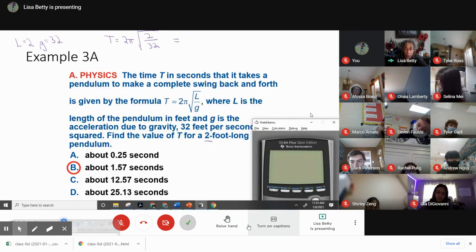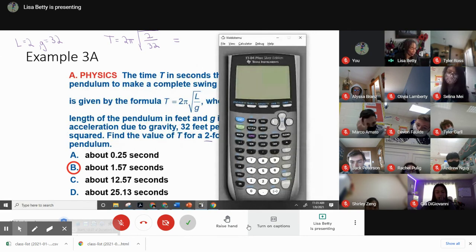I'll bang it out real quick. So we've got 2 times pi, where's your pi button? It's over the caret, right? Times the square root, and I'm going to use a fraction of 2 divided by 32, close parentheses, so it knows I'm talking about the radical.